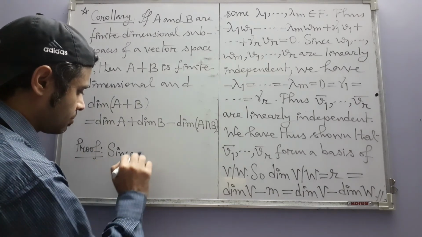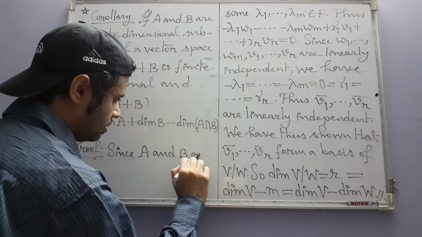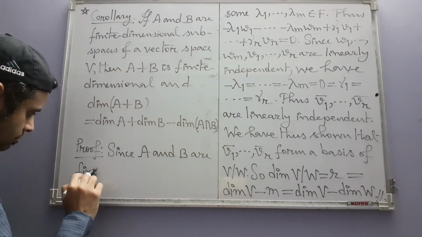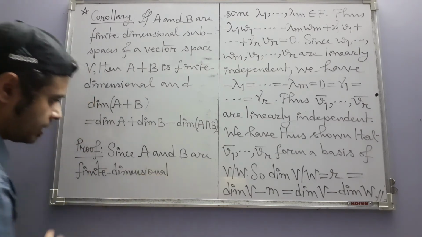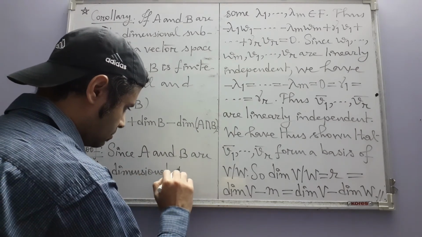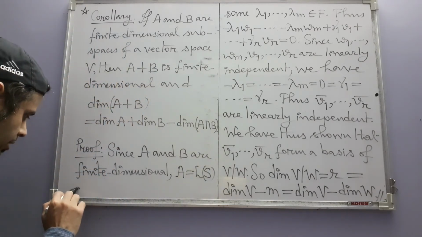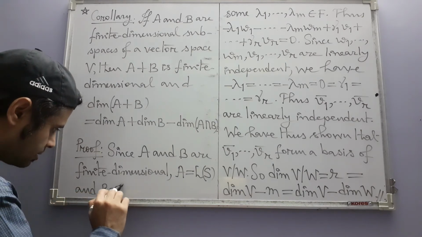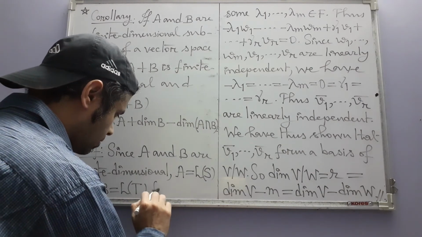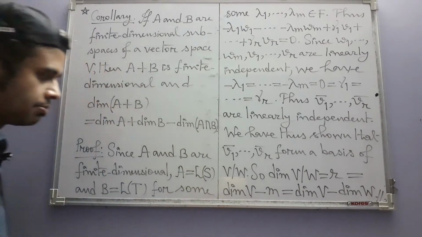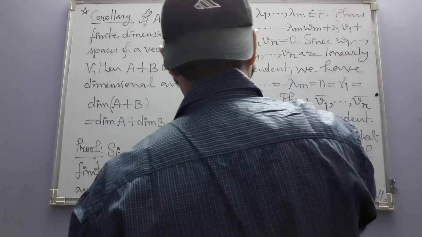Since A and B are finite dimensional, A is the linear span of some finite set S and B is the linear span of some finite set T.